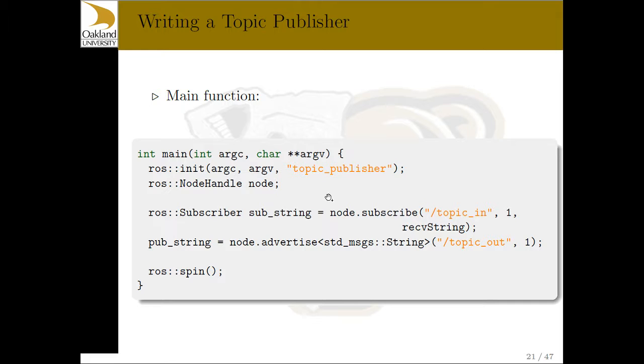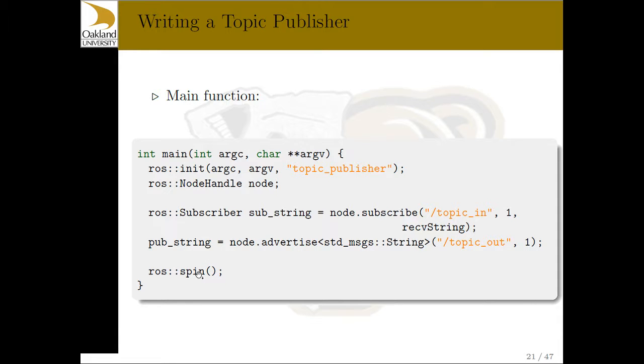If you've had some experience writing microcontroller code in C, you'd have a while(1) loop, which means it'll just loop there forever. This is basically exactly like a while(1) loop. However, if you did put while(1) here instead of ROS spin, it'll just get hung there. It won't do anything. It'll just sit there in a loop forever.